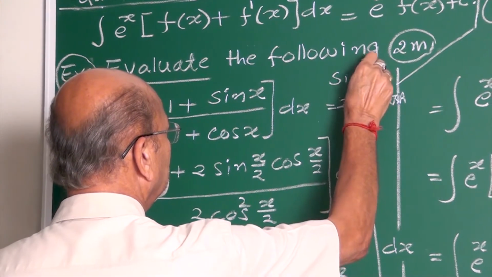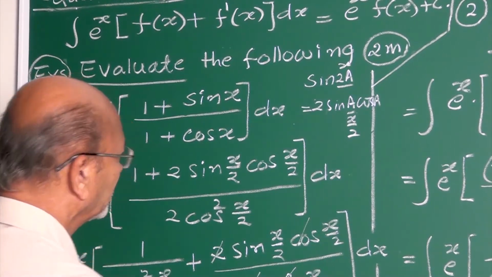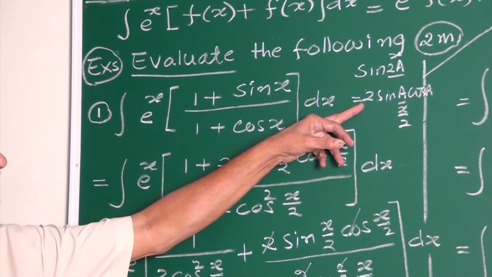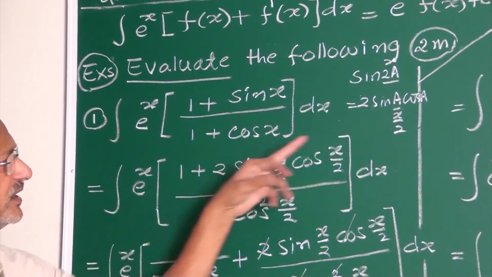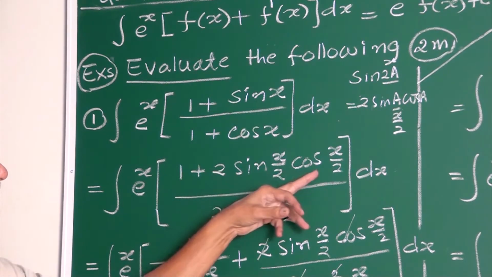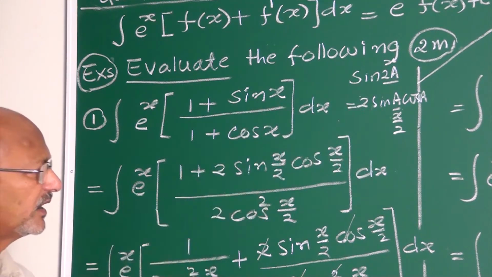Instead of a, if it is x, my friend, it becomes half of that. Therefore, making use of this multiple angle formula, sin 2a, this becomes half angle because here it comes x by 2. Sin x is 2 sin x by 2 into cos x by 2. 2a becomes a, x becomes x by 2.